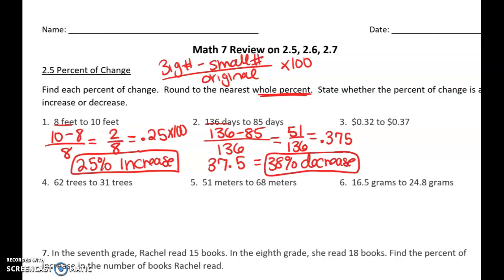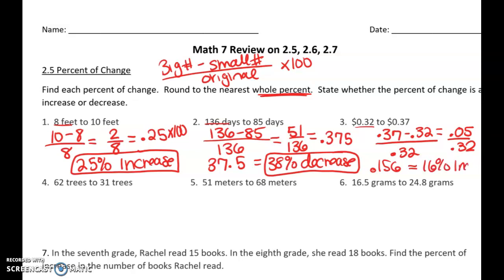For number 3, we're going to do 37 cents minus 32 cents, which gives us 0.05. And again, we're going to divide it by the original, 0.32. If I do that, I'm going to get 0.156, which would be 15.6%, which would round to 16%.